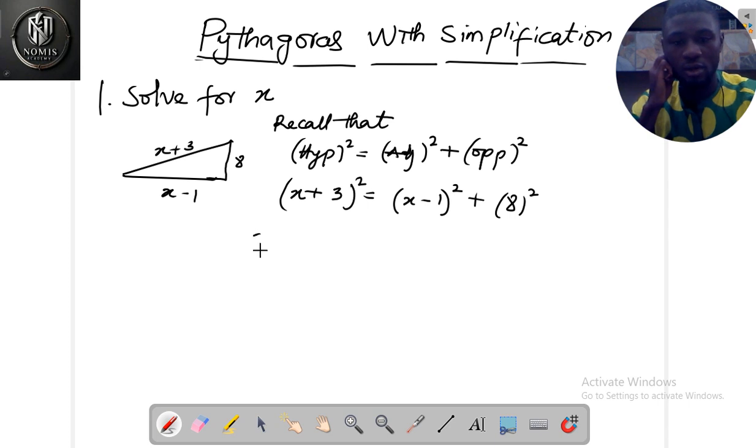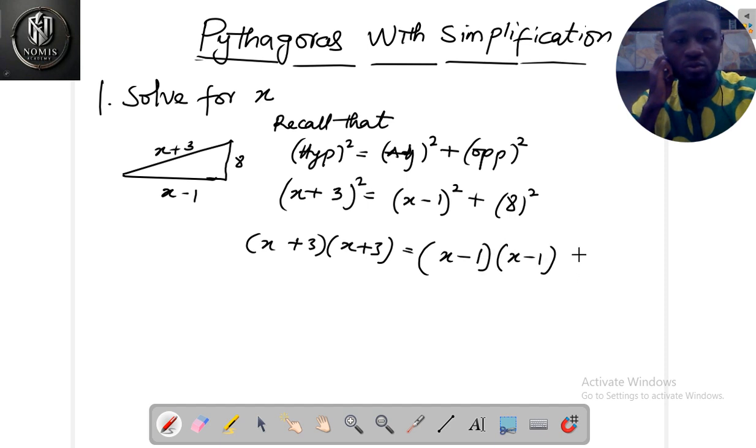So this becomes x plus 3 multiplied by x plus 3 equal to x minus 1 multiplied by x minus 1 plus 64. Let us begin to open the brackets. x multiplied by x, we have x squared. x multiplied by 3, we have plus 3x. 3 multiplied by x, we have plus 3x.